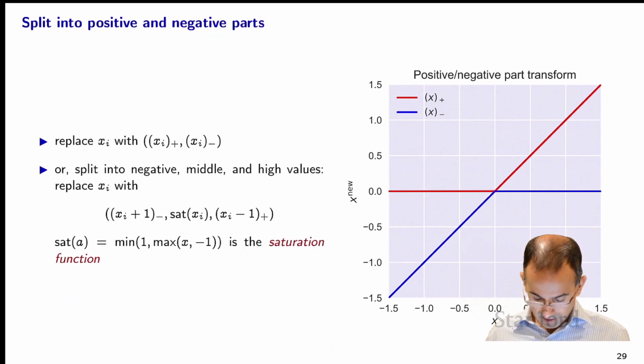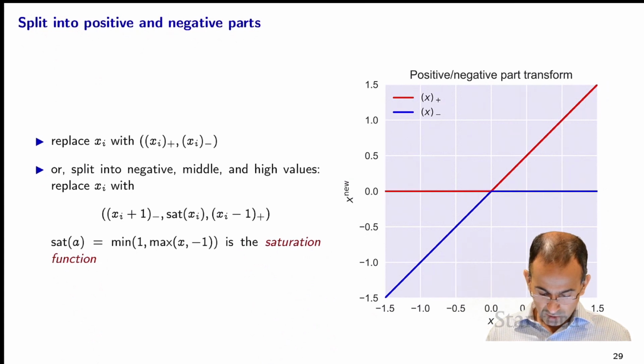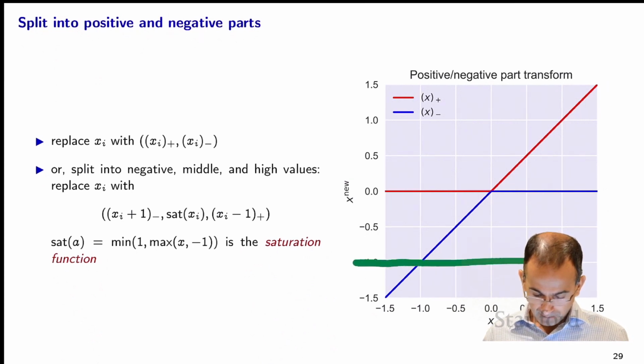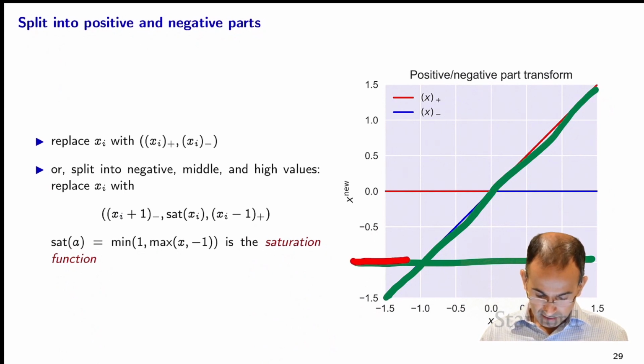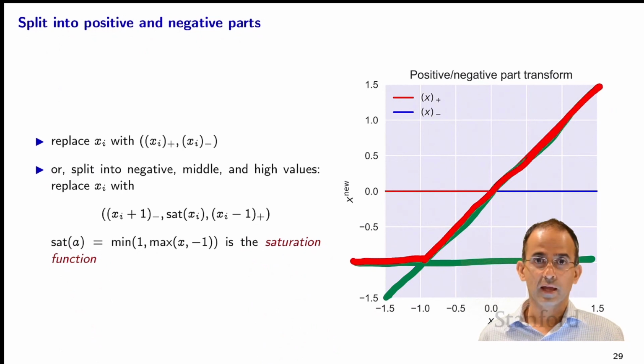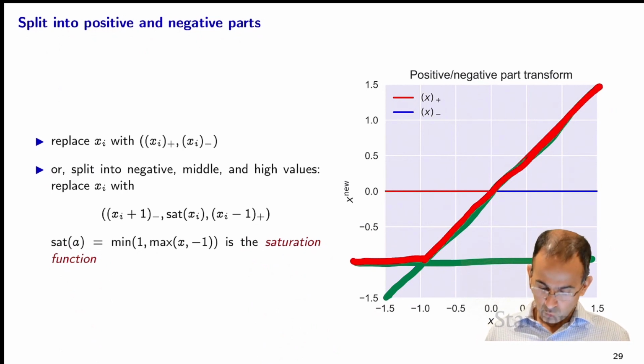We can plot that. Let's try and do that. The maximum of x and -1, well, this is the -1 function, and this is the x function. So the maximum of x and -1 is that function right there. And then we take the minimum of that function and 1.